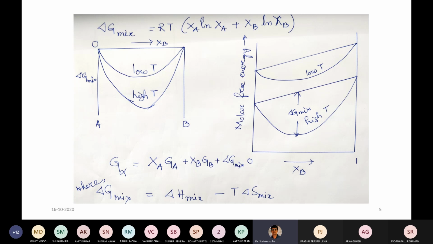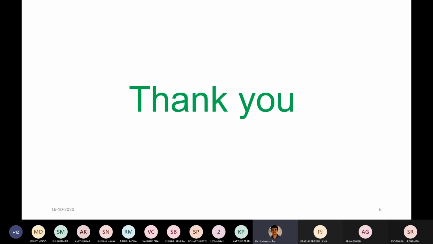With T multiplied by del S and the minus sign of T, it will be negative, and it actually only contributes towards del H mix, because in the case of an ideal solution, del H mix equals 0. So these are two important understandings of today's class. Thank you. Today's class is over.